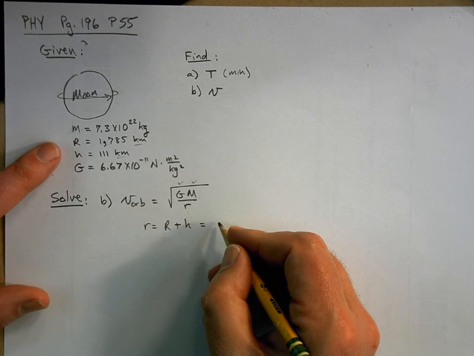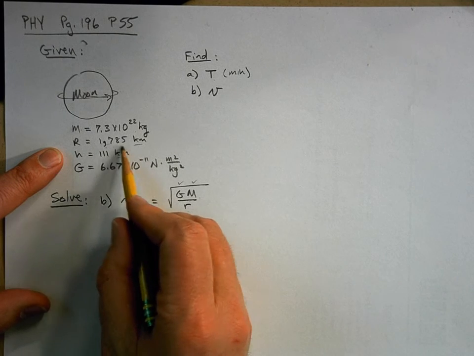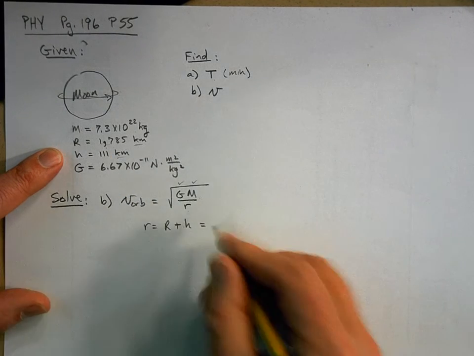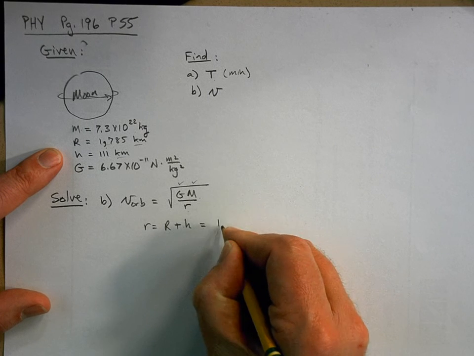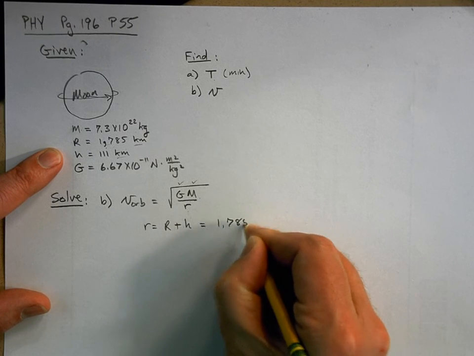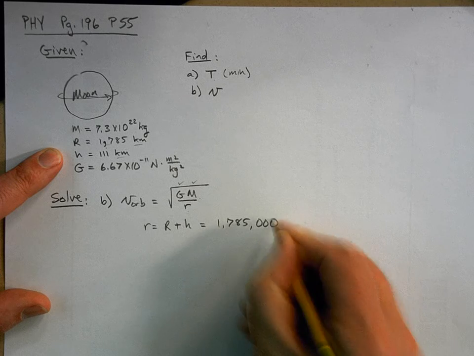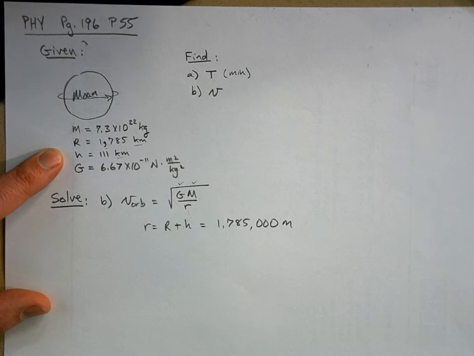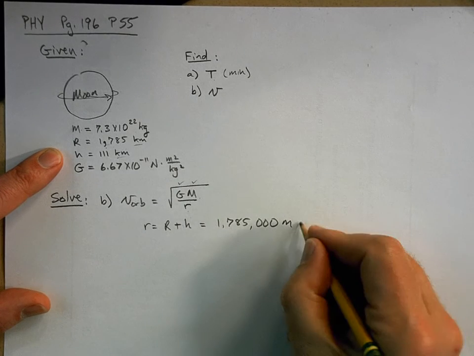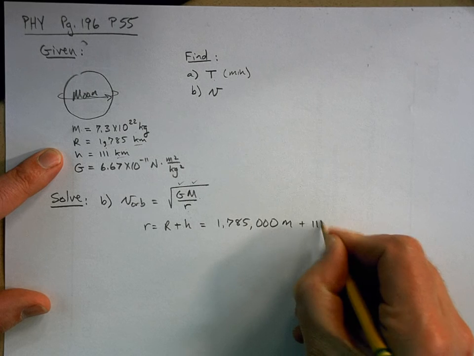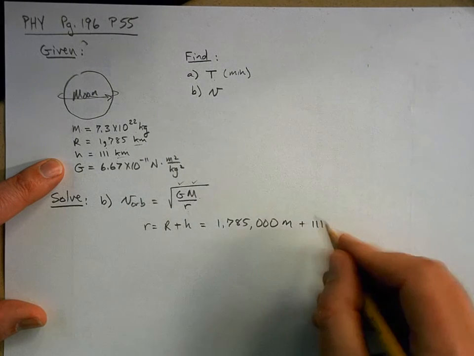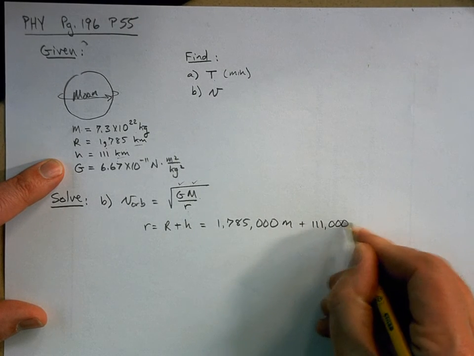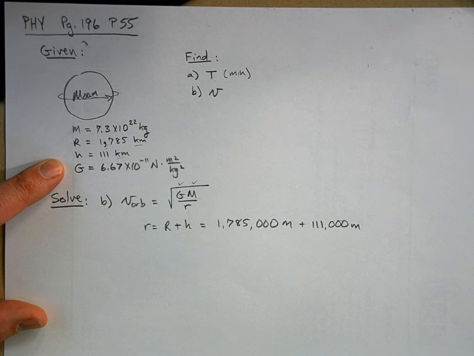And the radius of the moon is 1,785 kilometers, which is 1,785,000. Just add 3 zeros to make it meters. And then we're going to add to that 111 and then add 3 zeros to make it meters. That's our height.